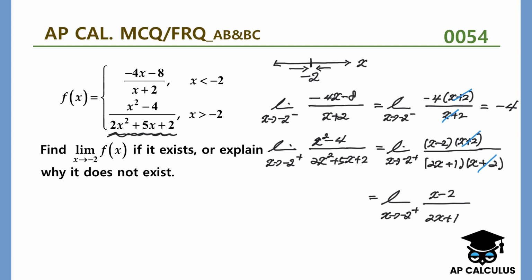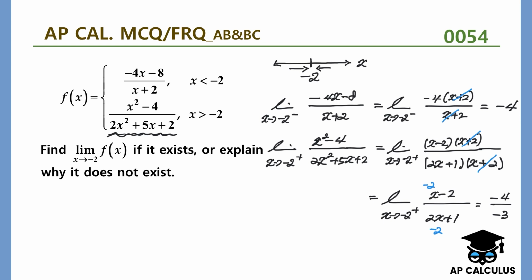Now substitute -2 for x. So -2 here, -2 here. That's going to be equal to -4 over -3, so that is equal to 4 over 3, which is not equal to the left-hand limit.